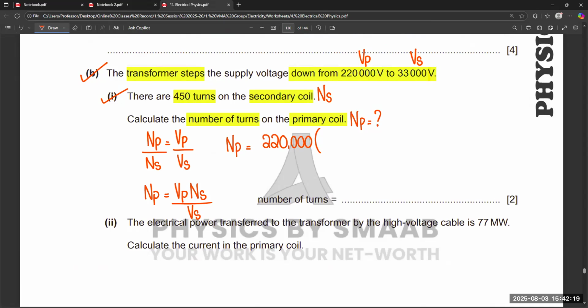The value of NS is 450. The value of VS is 33,000.